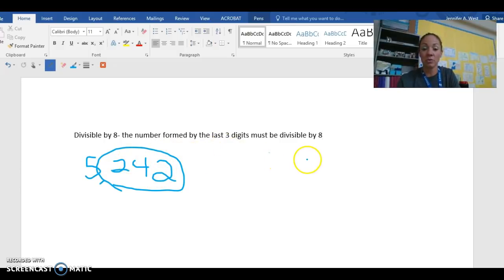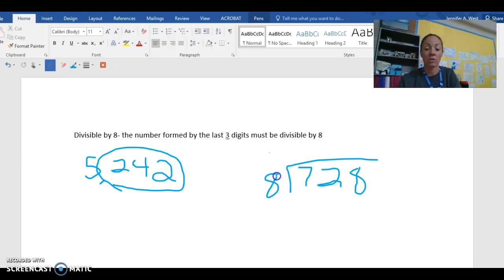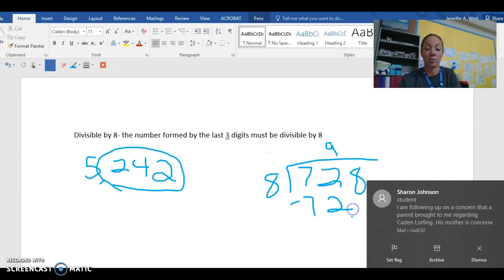What about the number 728? Let's try that. Let's try dividing by 8. See if it is divisible by 8. So let's see here. We know that 8 times 9 equals 72. So we'll subtract our 72. Wind up with 0.